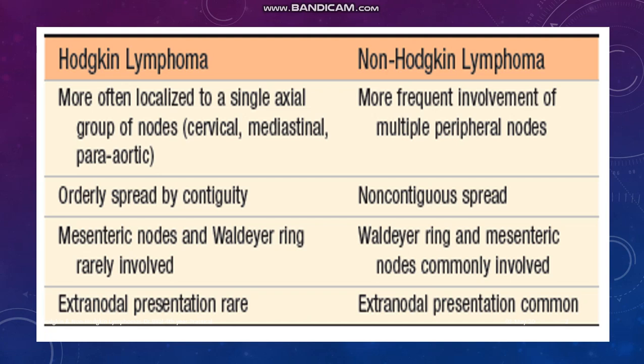Hodgkin lymphomas spread from one group of nodes or one node to another in an orderly fashion. Non-Hodgkin lymphomas generally do not follow this orderly spread. So these are the basic differences.